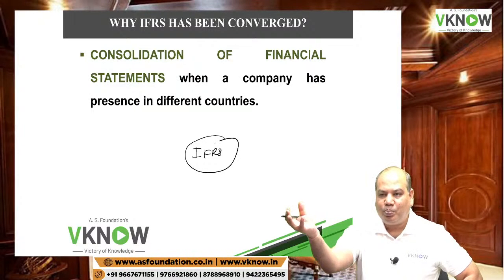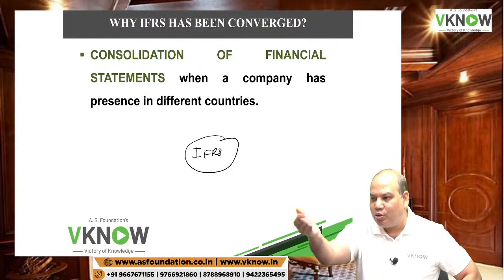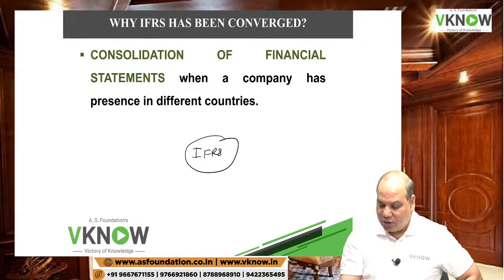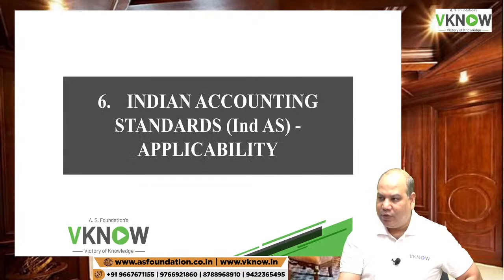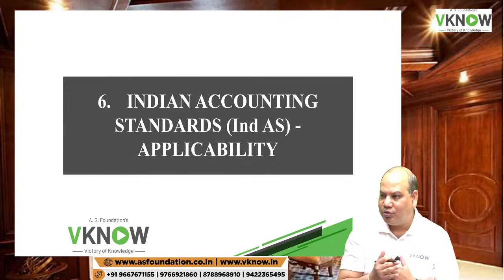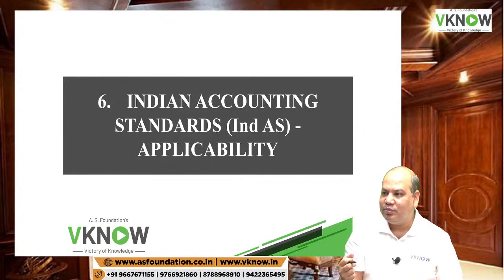Take the property, plant, equipment figure of a subsidiary which may be located in any country, add it to your figures. Easy? Yes. And even the US GAAP and IFRS differences are getting reduced. US is saying our standards are supreme, so they are not going to adopt or converge to IFRS.